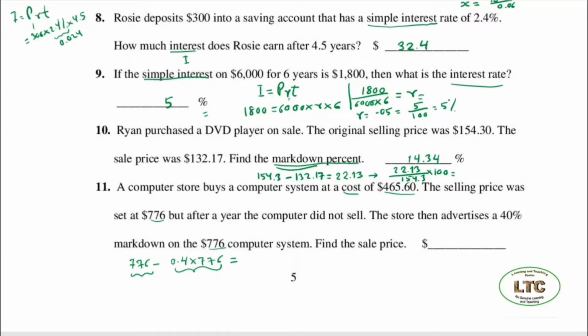Use calculator. 776 minus 0.4 times 776 equal to 465.6. So this is the original price, $465.6. So the same as cost.